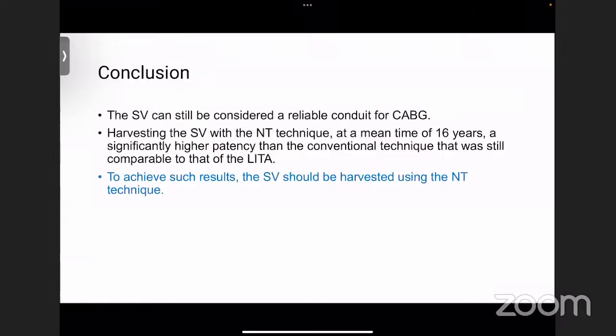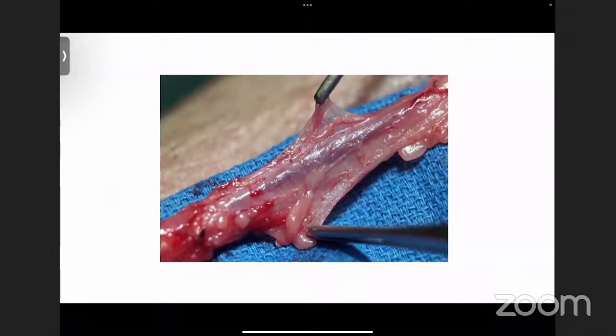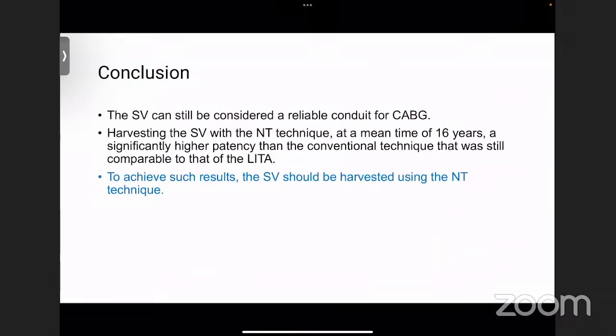It even looks more alive than those dead looking saphenous veins that we usually harvest. So the conclusion here, I mean, even the ones that we use right now are good. I'm just saying that there is room for improvement on this front, and it shouldn't be discarded before we can try and attempt to improve those.